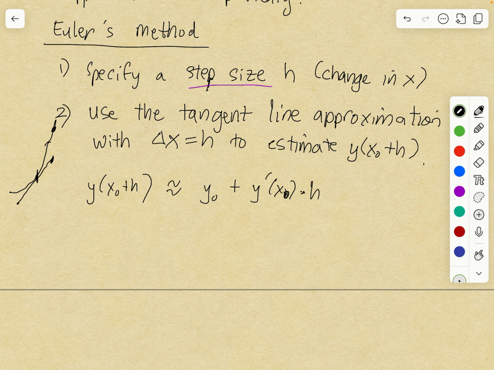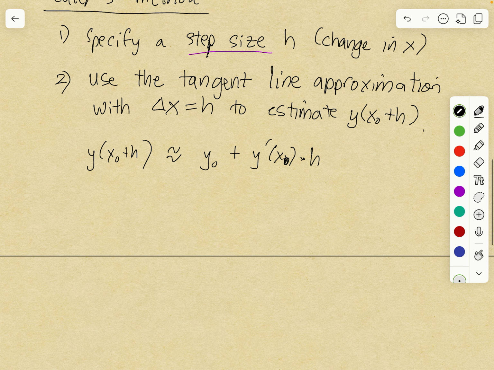So it's not the real value, but it's the approximation. Okay. So you get this approximate value, and this approximate value is what you call y1. And this x0 plus h is your x1. So you started off with x0, y0, and now you're at x1 comma y1.